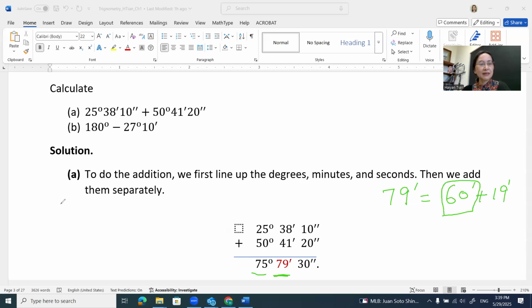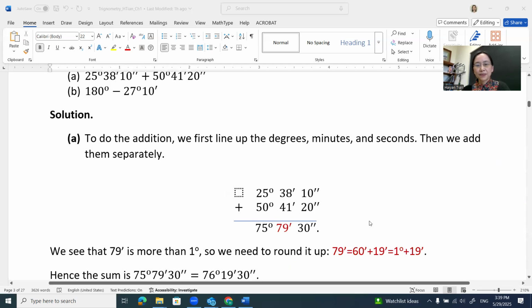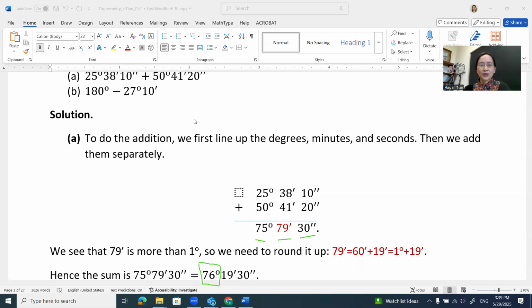So actually we have 76 degrees plus 19 minutes. So our final answer after rounding up is 76 degrees and 19 minutes and 30 seconds. Sure, when this is an addition of two angles.